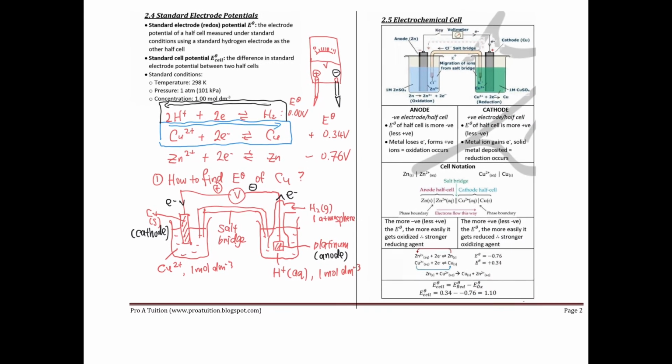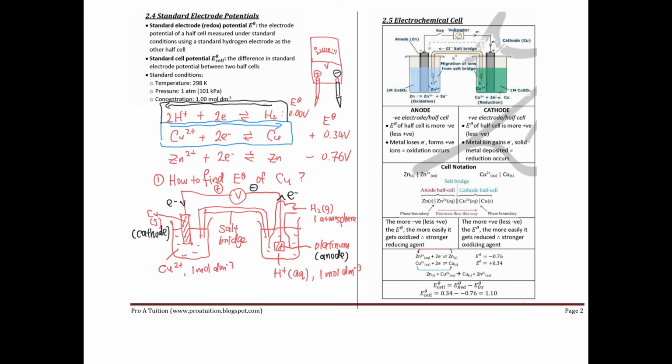The other thing you need to know is the difference between the electrolytic cell and the voltaic cell. The electrolytic cell we learned before, right? At that time we said the anode is positive, the cathode is negative.